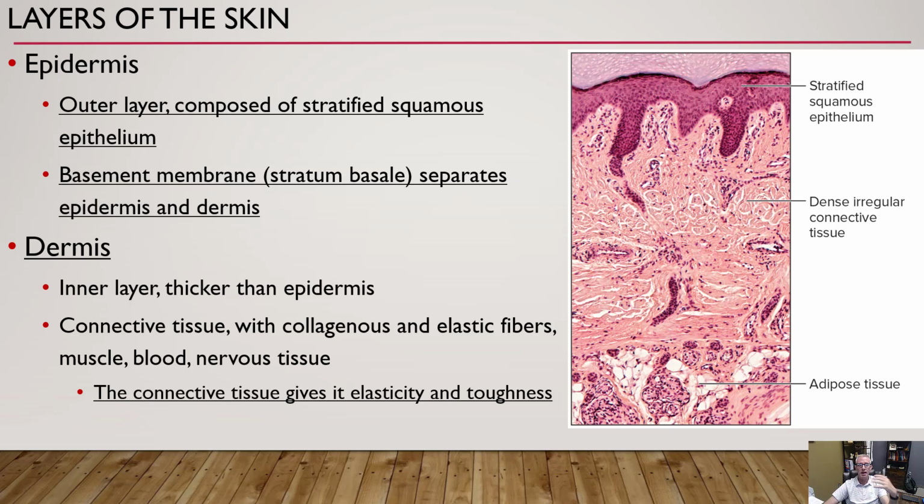And that epidermis has that basement membrane, or that stratum basale layer, which connects or separates that epidermis to the dermis. The stratified squamous epithelium, or that epidermis layer, would run actually all the way from the top to the bottom.